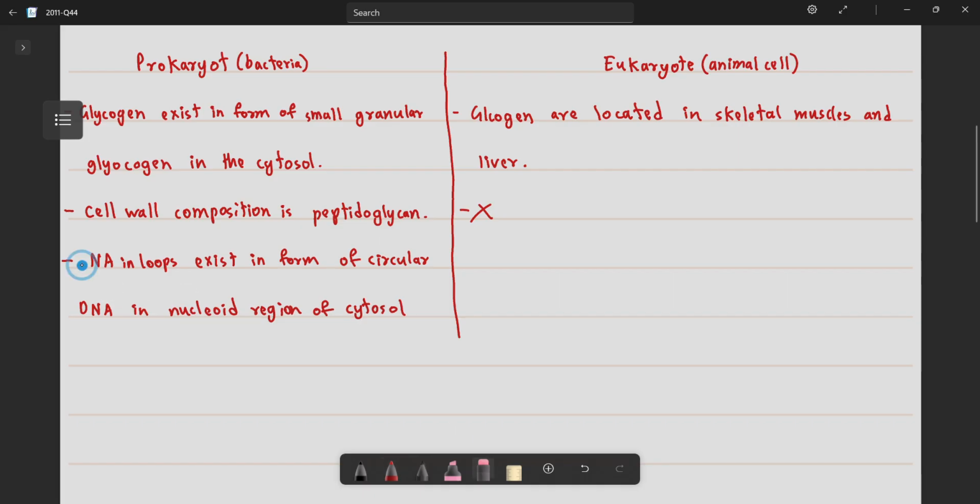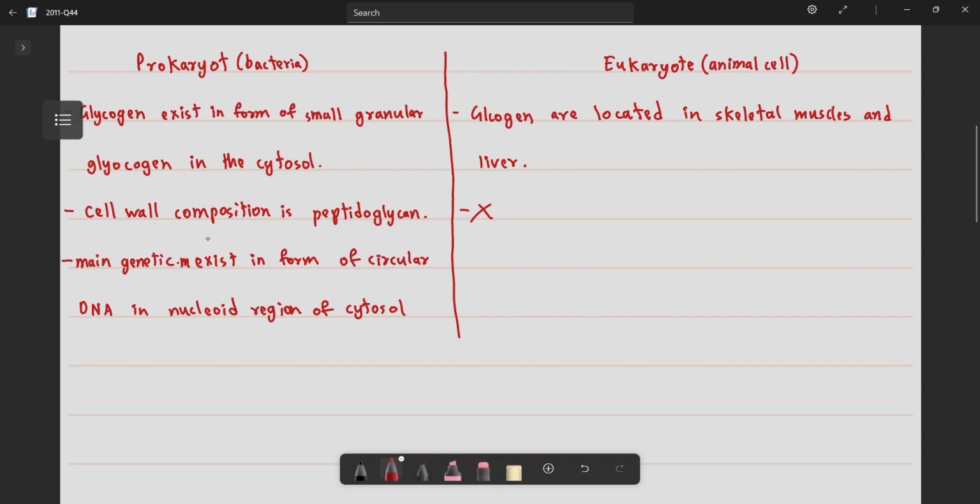Okay, so I'm going to mention in form of this. Main genetic material, so I'm going to shorten it in form of M. So main genetic material exists in form of circular DNA. You must know that it's in form of circular DNA, and the nuclear region is just the place where you might find the genetic material.